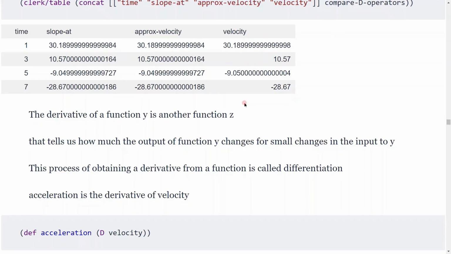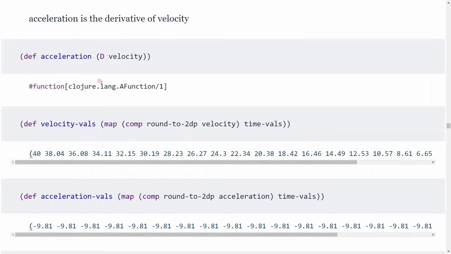That is what the D operator is doing. It is transforming the height function into another function, velocity, and the velocity function tells us how much the height function is changing. We can call the D operator on velocity to get acceleration.